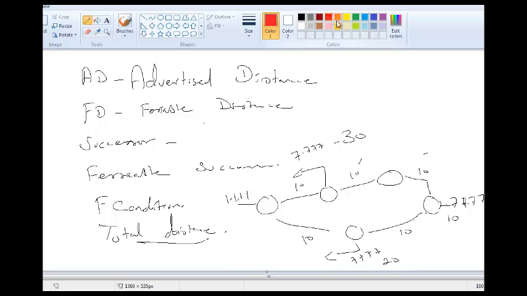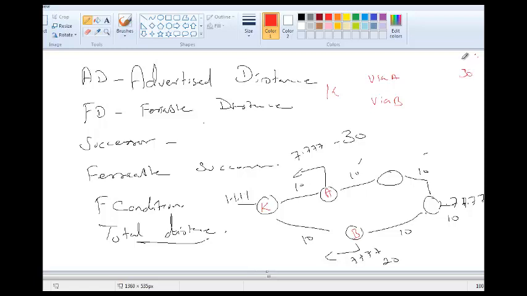Now let me call this A and this B. And this is K. For K to reach 7.7.7.7 via A or via B. Via A, the advertised distance is 30.